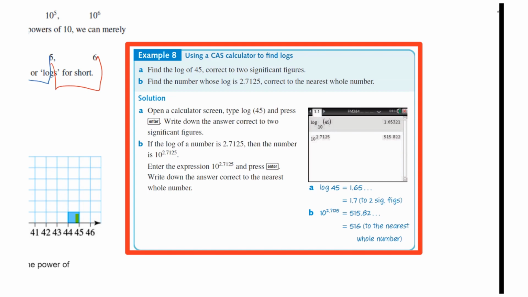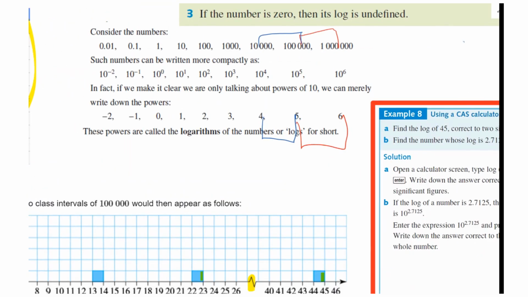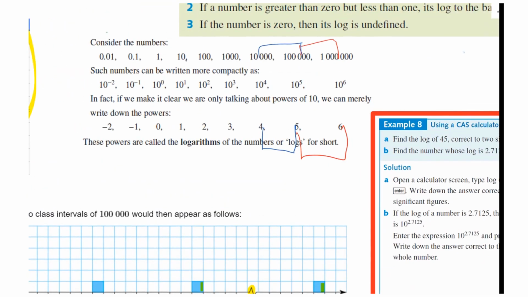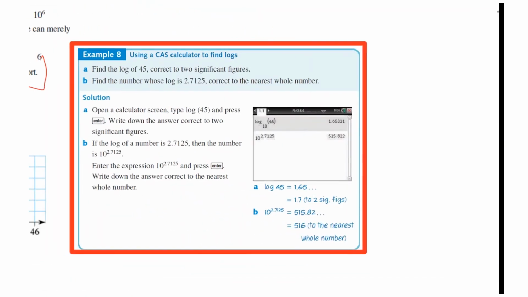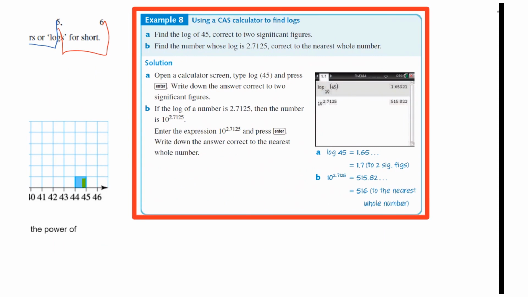Now you can actually get a rough idea: 45 is going to be between 10 and 100, so the log is going to be between 1 and 2. So your number should be something between 1 and 2. That's not going to be a linear response, but it's going to be between 1 and 2.